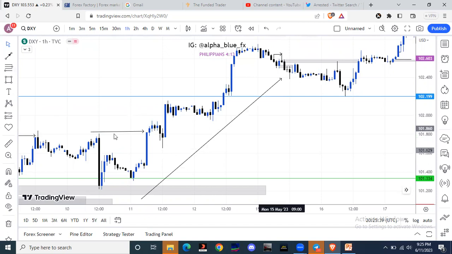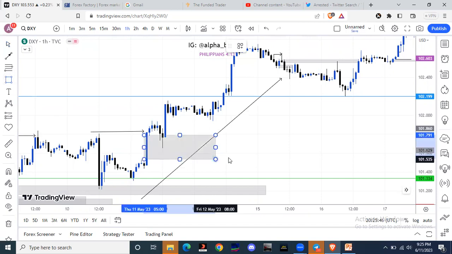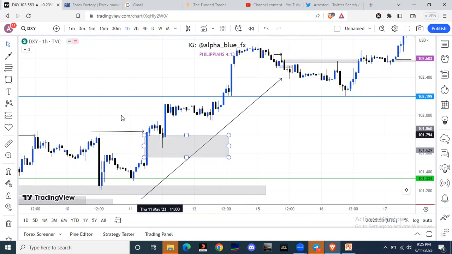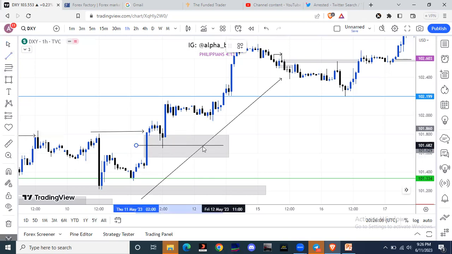If you're a trader that understands the concept of imbalance, you're going to be looking to take an entry around this place. This whole imbalance is where you're going to be looking to take a trade because you believe price will correct this imbalance before it continues moving to the upside. If you believe that price is going to correct at least 50% of this imbalance, you're going to look forward to taking your trade around 50%, around the mid-level of this imbalance.